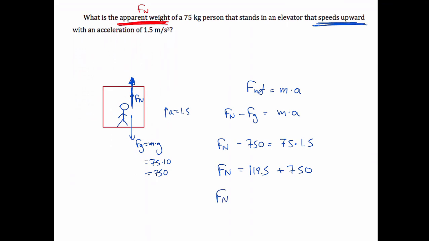So the apparent weight is 862.5 Newton. We can move on. Now, if you use the value of 9.8, maybe you're going to find a little bit less than that, but this is the meaning.